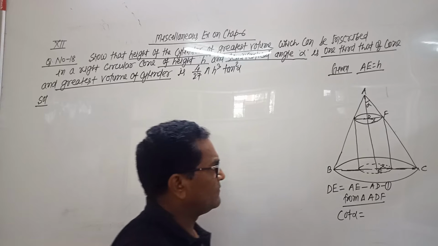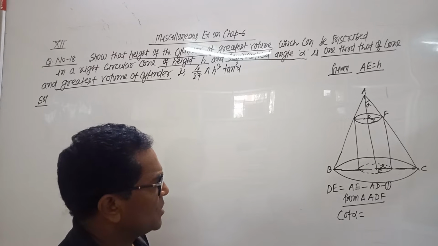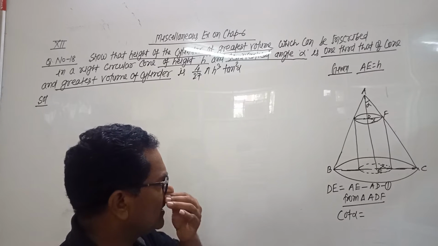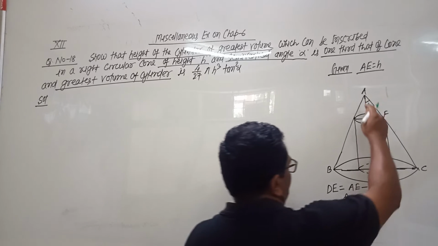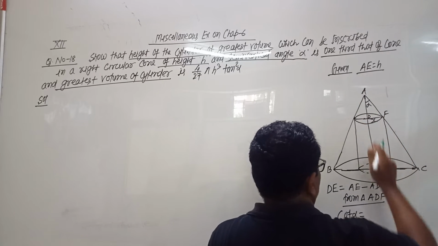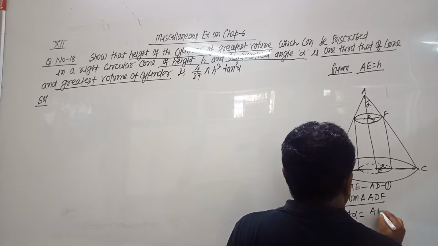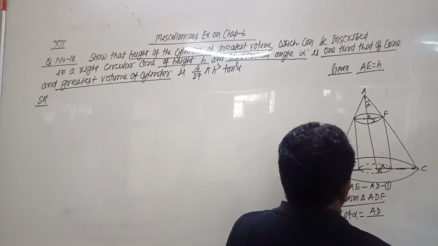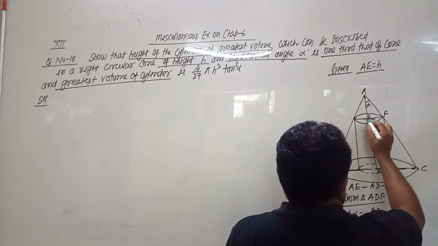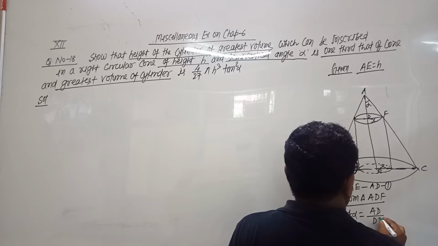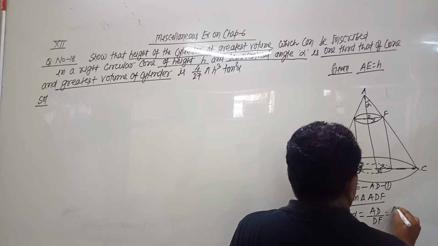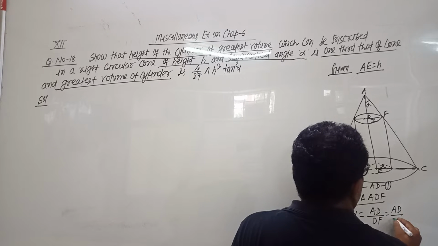Cot alpha is base upon perpendicular. Base is AD and perpendicular is BF. So cot alpha is AD upon BF.